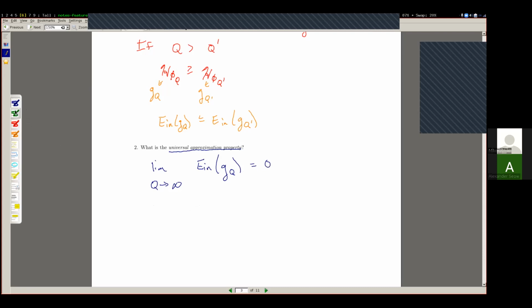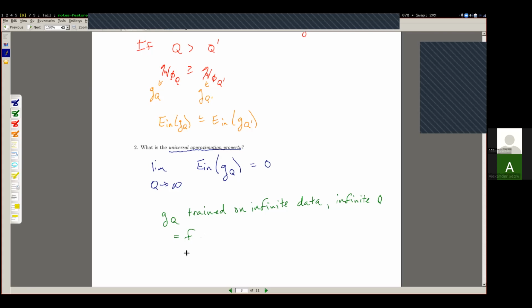Another way of saying that is that GQ trained on infinite data with infinite Q, so there's a sort of informal statement right here, is going to be equal to our F function.